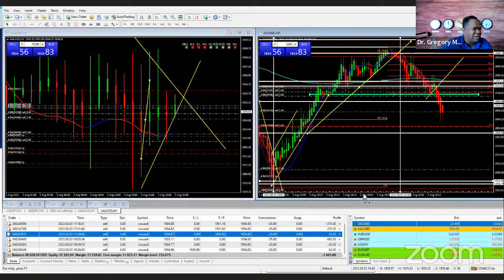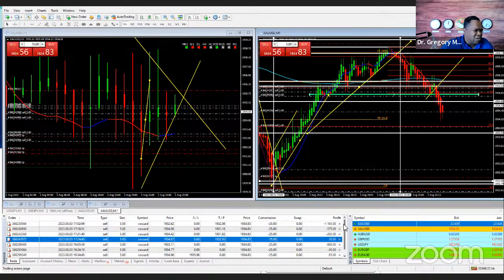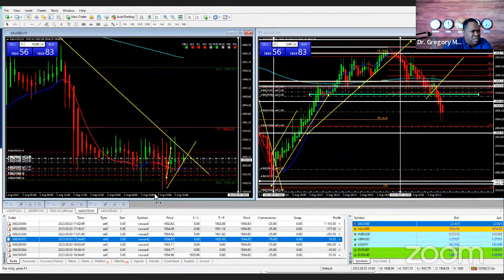I know my mentor Mark Douglas said that we deal with probabilities, and the thing is we try to find the highest possible probability setups to trade. One thing is to look at that higher time frame. That's going to give us that edge in the market.